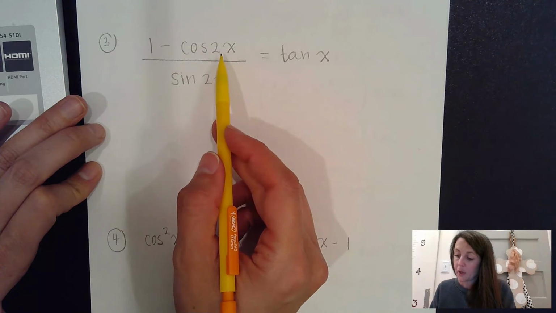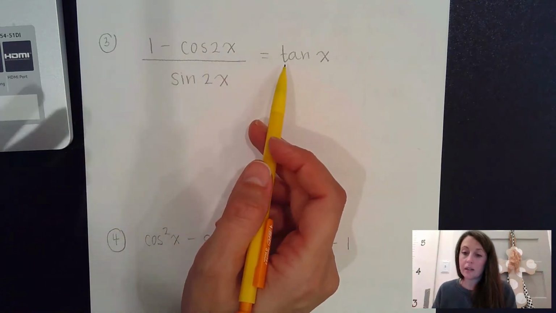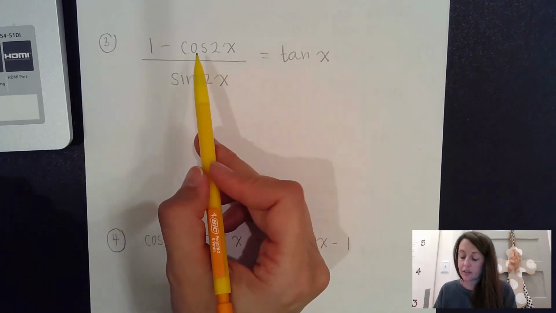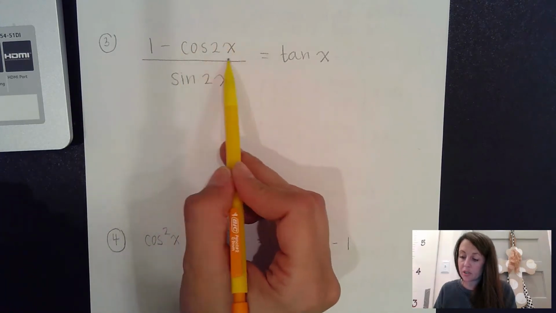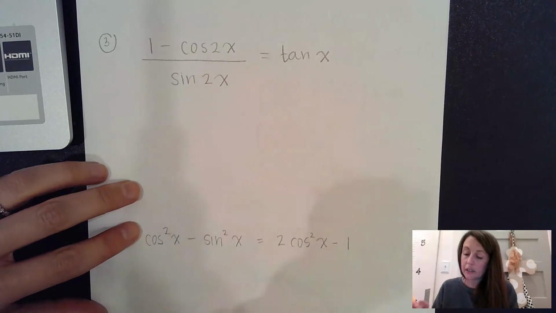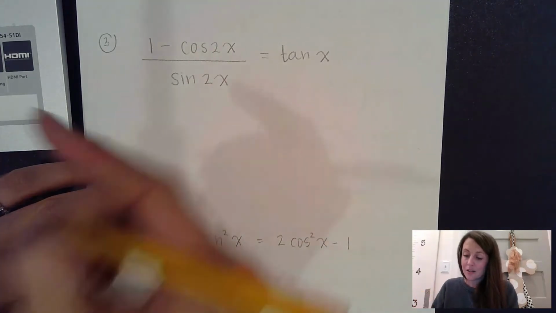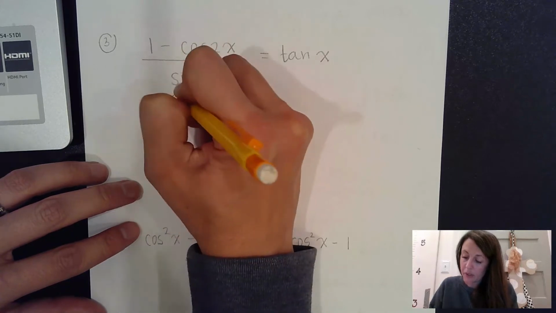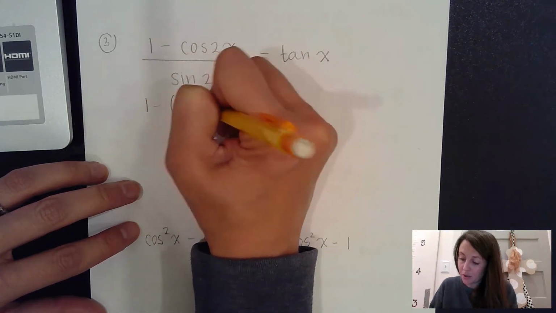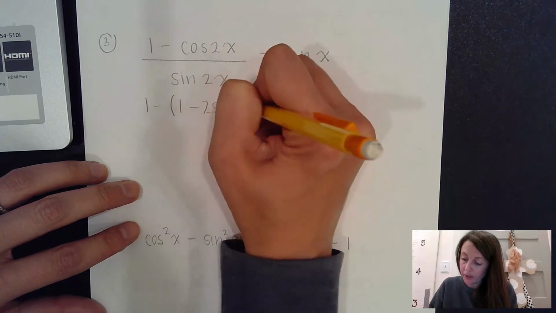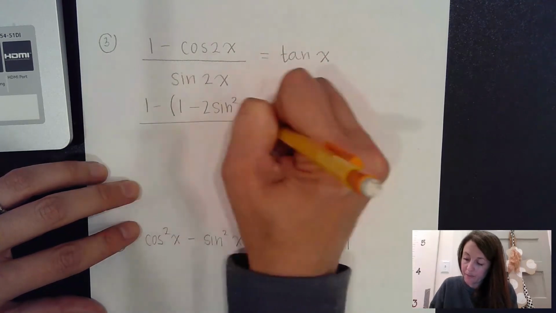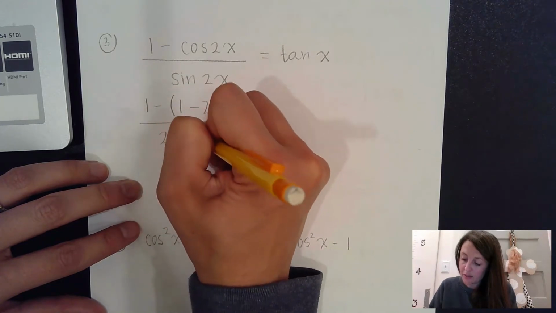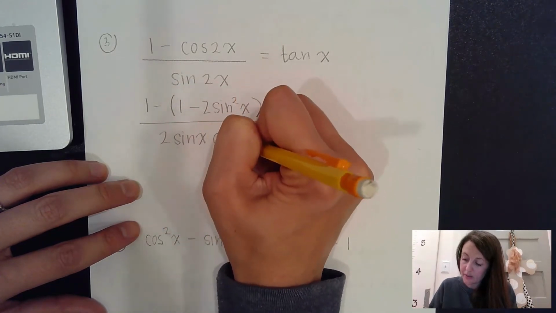So remember, tangent is sine over cosine. So I'm going to change this cosine of a double angle into sine. So this would be 1 minus 2 sine squared x. Sine of the double angle is 2 times sine of x cosine of x.